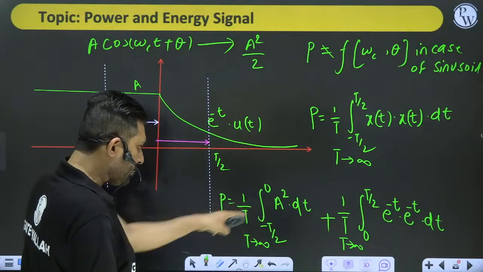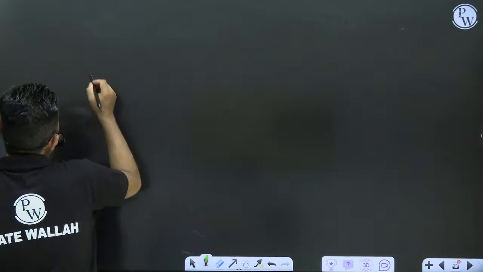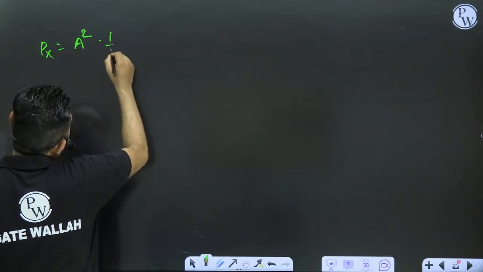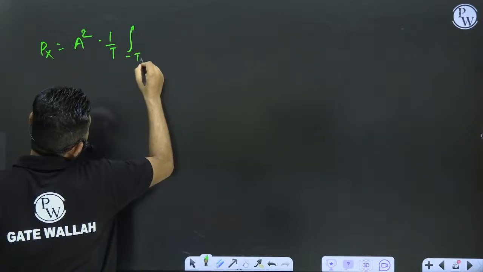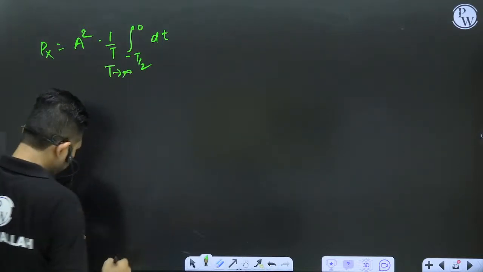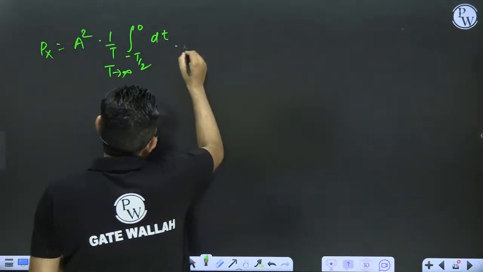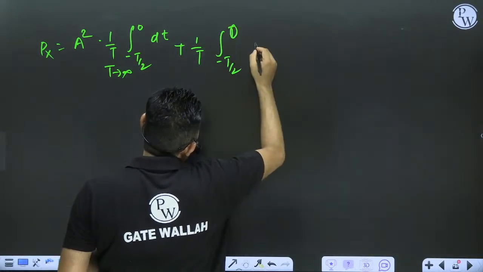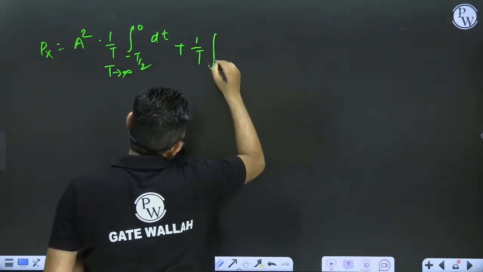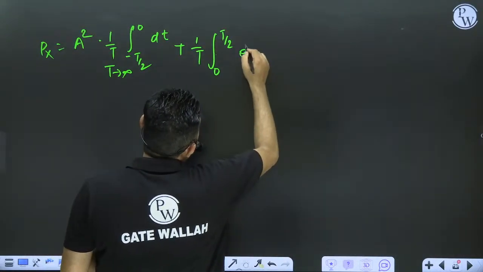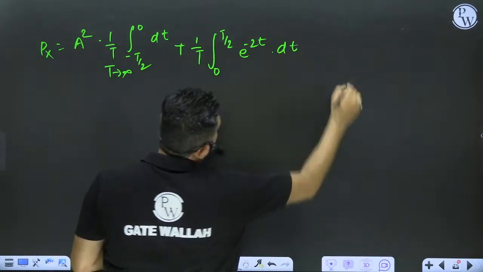Now what you will get, see here, first of all A squared outside, and hence power P is A squared outside into 1 by T, minus T by 2 to 0, dt, with T tending towards infinity, and it is plus 1 by T, 0 to T by 2, e to the power minus 2t dt. Let's handle this.